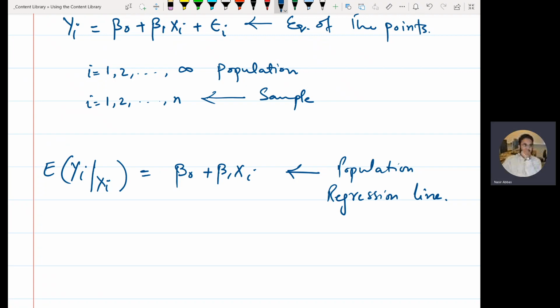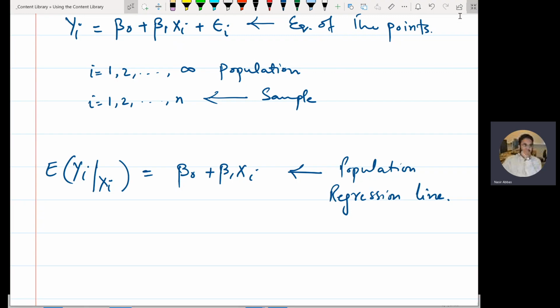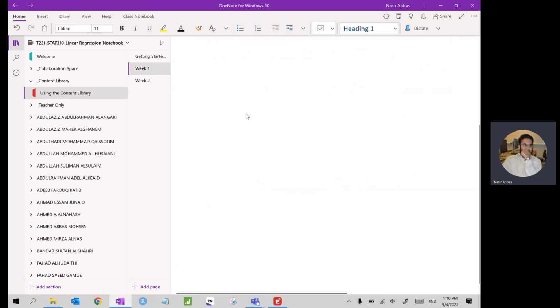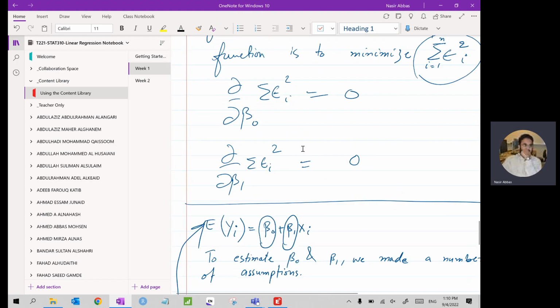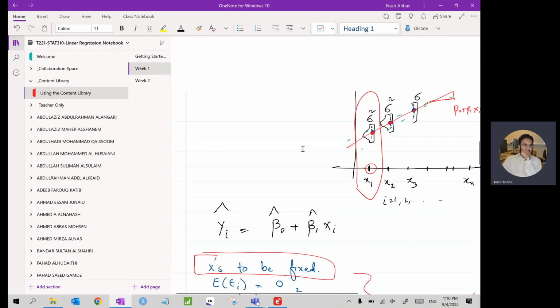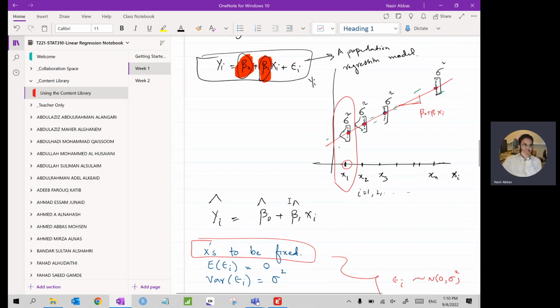You remember, when I made the line, let me go back to the diagram. What did I assume? I assumed that the red line is passing through the means of each distribution, the means of each subpopulation. So at any point, the line will be equal to the expected value of y for a given x, for any x. It can be x1, x2, x3, all the way up to xn. This is what we are interested in. We join those points and we get the line as a result.